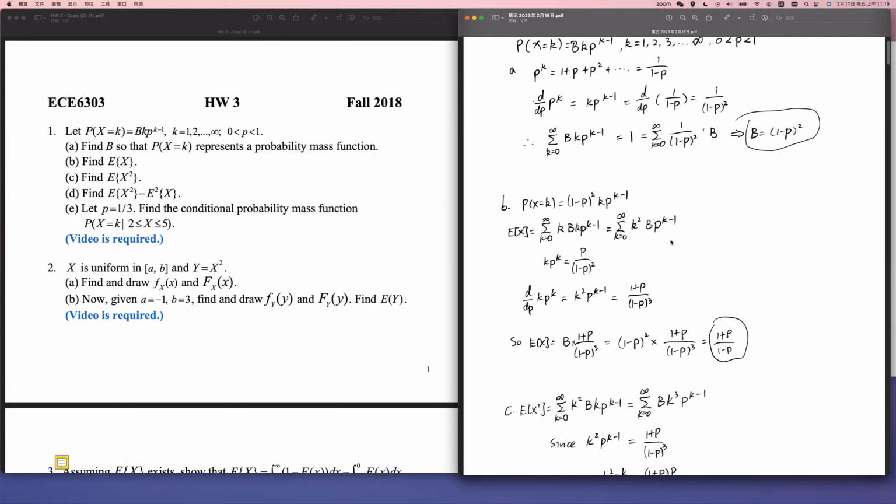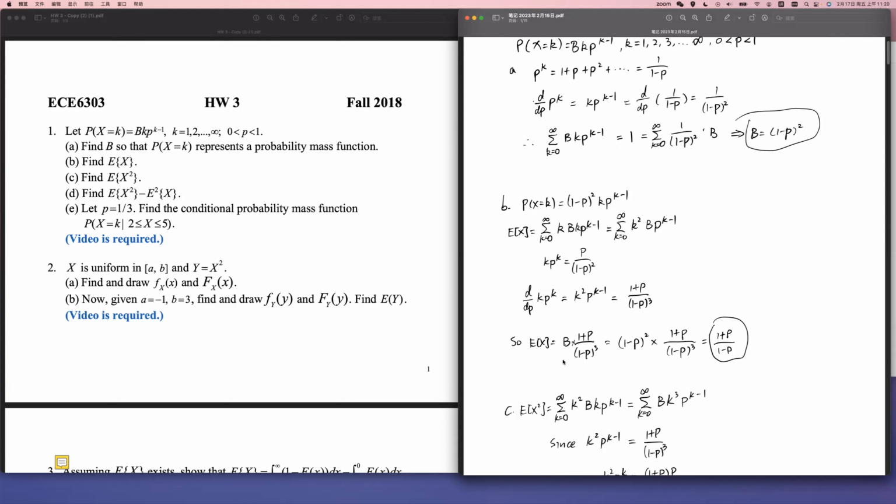We know from the first part that the sum of k times p to the power of k minus 1 equals 1 over (1 minus p) to the power of 2. Then we can multiply by p, so we get the sum of k times p to the power of k equals p over (1 minus p) to the power of 2. Then we take the derivative of both sides, and we get the sum of k squared times p to the power of k minus 1 equals (1 plus p) over (1 minus p) to the power of 3.